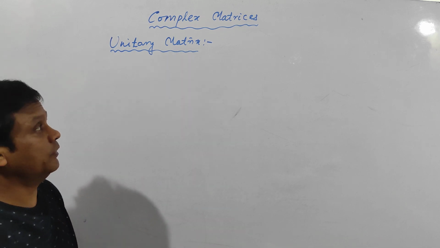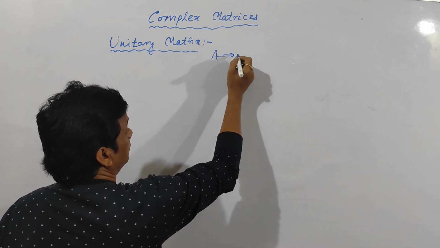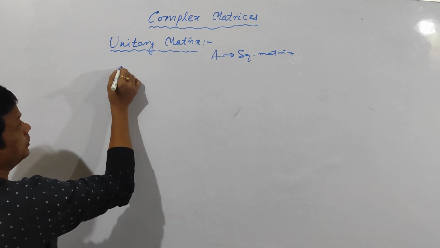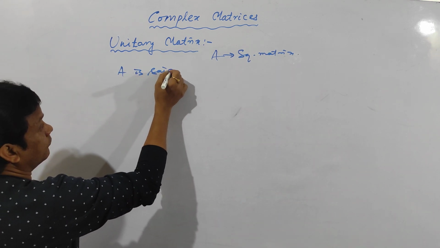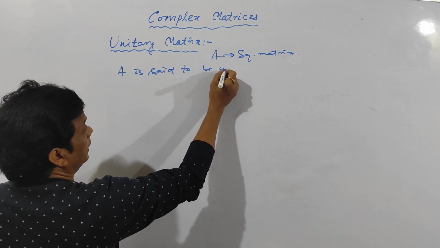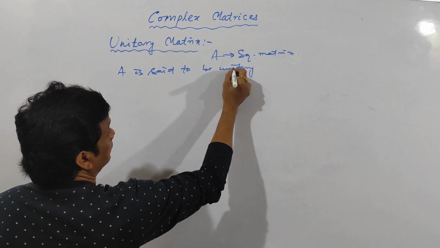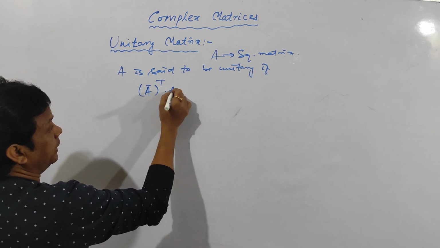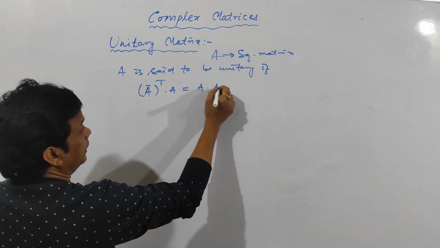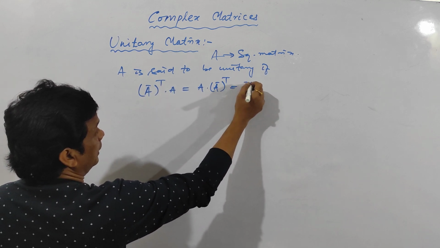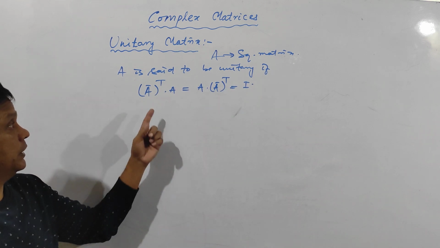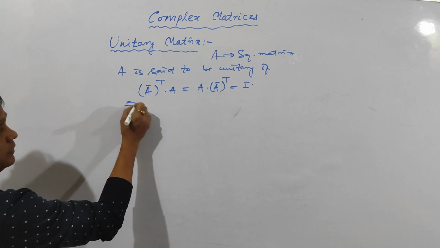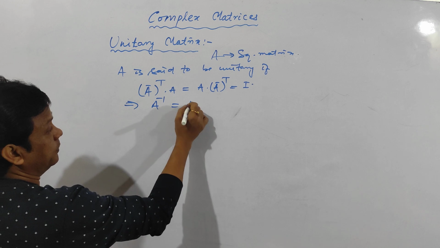Now see here. Unitary matrix. Now A is a square matrix, it must be a square matrix. Now A is said to be unitary if A bar transpose into A is equal to A into A bar transpose is equal to I. That means A inverse is equal to A bar transpose.